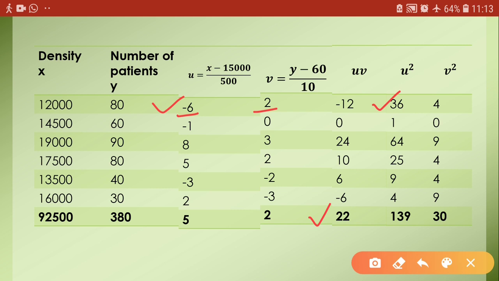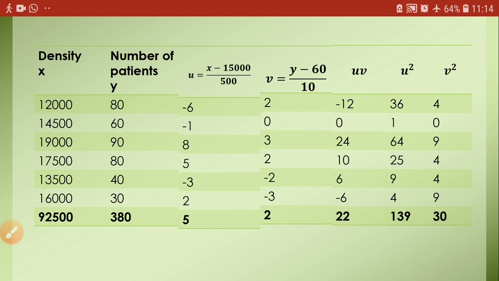And remember one thing, the square is always positive, because if a digit is negative, squaring means the same digit is multiplied 2 times, so the negative digit is multiplied with the same negative, and it becomes positive. Then square of minus 1 is 1, square of 8 is 64, square of 5 is 25, and so on. This way the total of U square is 139.